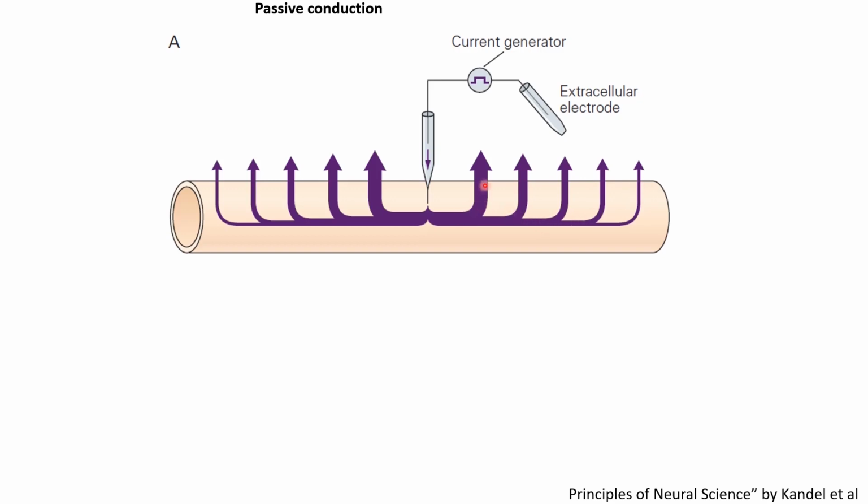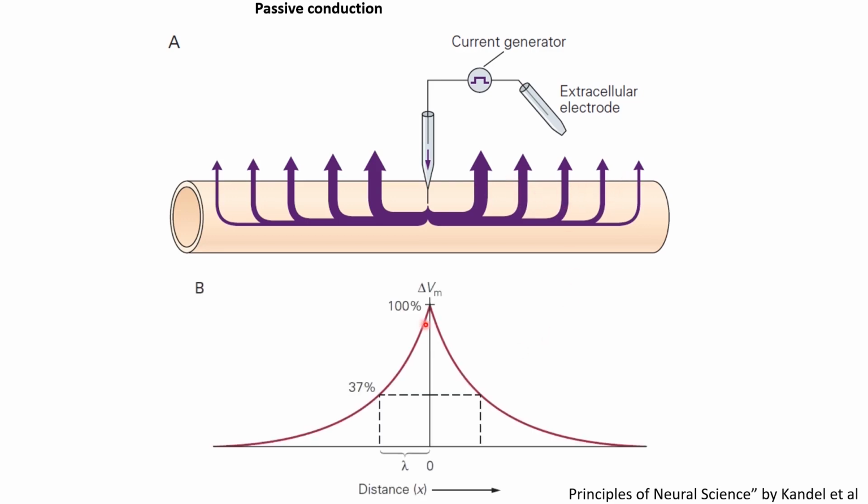So the final value of membrane potential that will be reached here, closer to the point of injection, would be higher compared to the final value that is reached farther away from the point of injection. And this decay in the final value is given by this relationship. ΔVx = ΔV0 e^(-x/λ). So this is also an exponential decay.